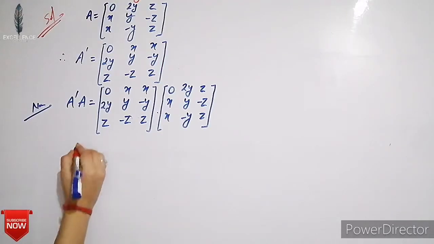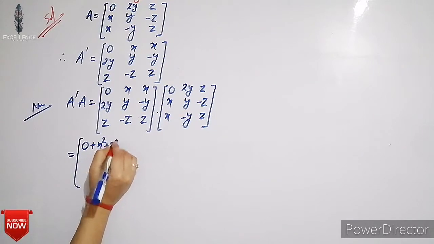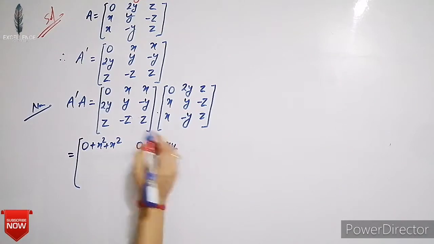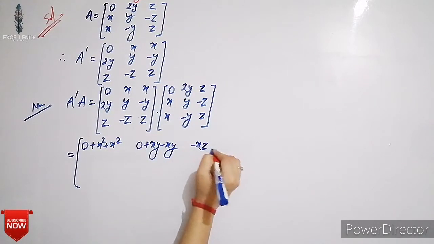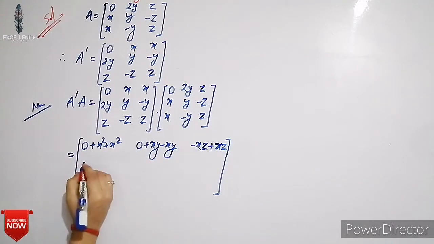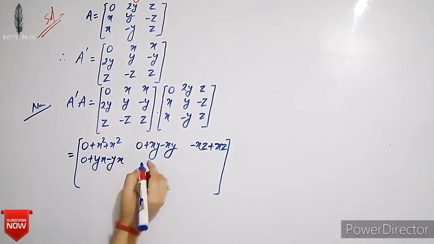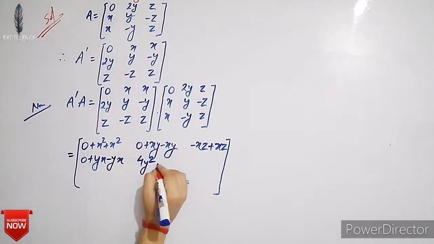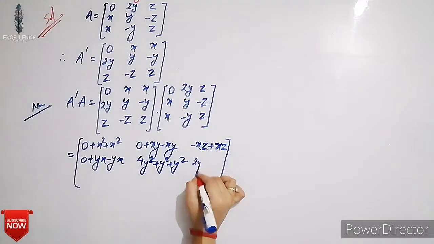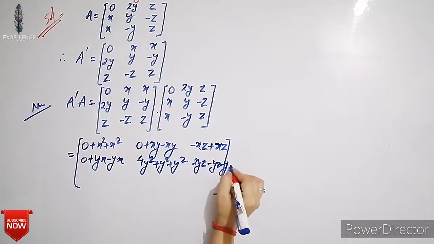On multiplying row by column, we have first row by first column, that is 0 plus x square plus x square. First row by second, that is 0 plus xy minus xy. First by third, that is minus xz plus xz. Now second row by first column, that is 0 plus yx minus yx. Second by second, that is 4y square plus y square plus y square. And here is 2yz minus yz minus yz.